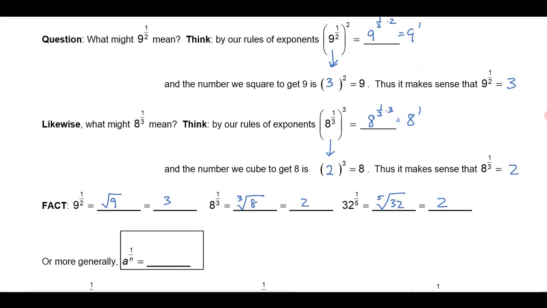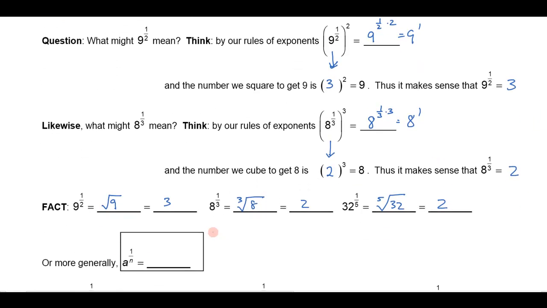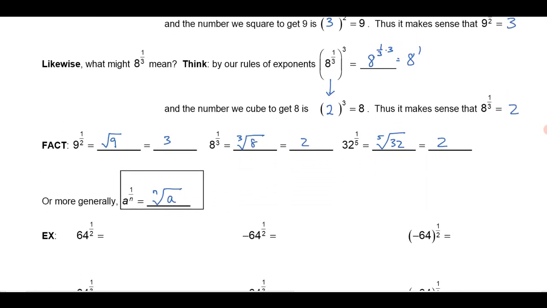So that's the idea behind fractional exponents where the numerator is 1. More generally, a to the 1 over n power is the same thing as the nth root of a. So we see there's definitely a relationship between exponents and radicals.